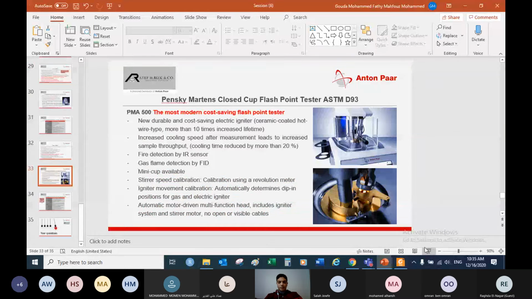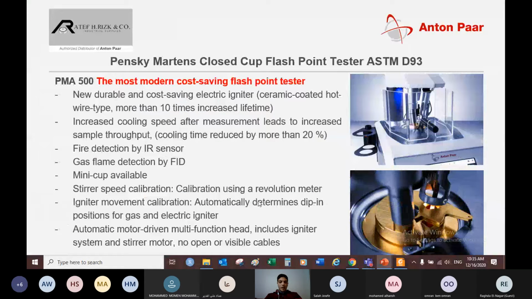We have calibration for the movement of the igniter itself, and also we have an automatic motor-driven multi-function head, including the igniter system and the stirrer motor, with no open or visible cables. And you will see in the video after the session how these instruments operate automatically.